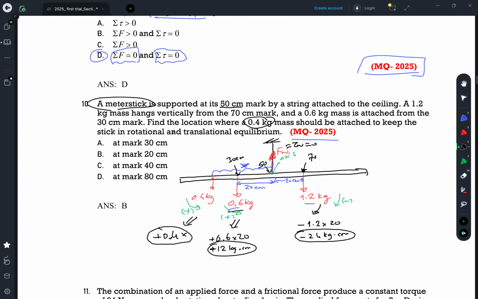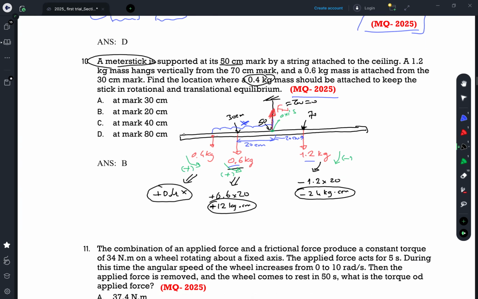So I'm going to apply rotational equilibrium. In rotational equilibrium, we know that net torque must be equal to zero. And 0.4x is the torque of the 0.4 kilogram mass, where x is unknown and I will find it, plus 12 minus 24 equals 0.